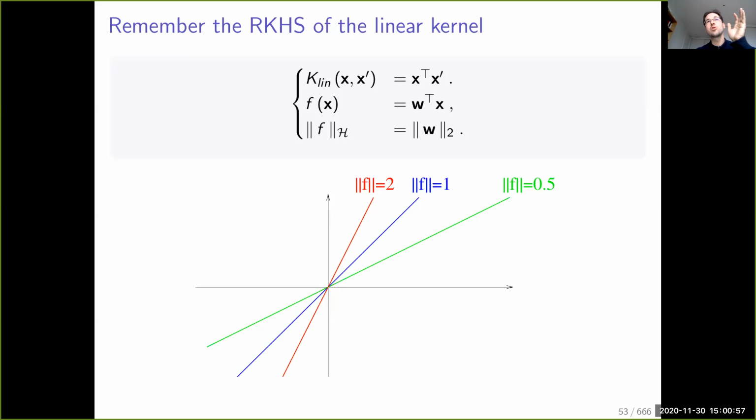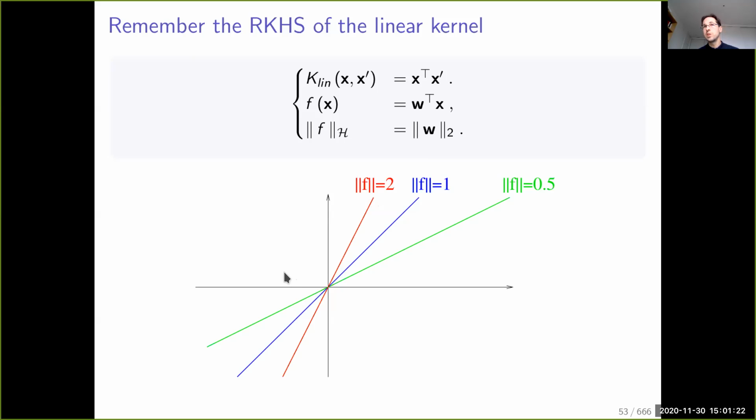When we want to get some intuition, we often first look at what happens with the simplest possible case, which is the linear kernel. And here we consider the linear kernel. Remember now that the functions in the RKHS are parameterized by some vector W. They can be written as W transpose X. These are linear functions. And the norm in the RKHS is the norm of W.